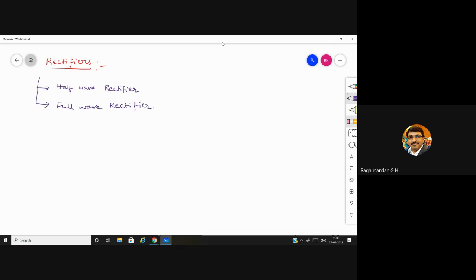But in the full wave rectifier, again we have two types. One is the center tapped full wave rectifier, and the other is the bridge rectifier.